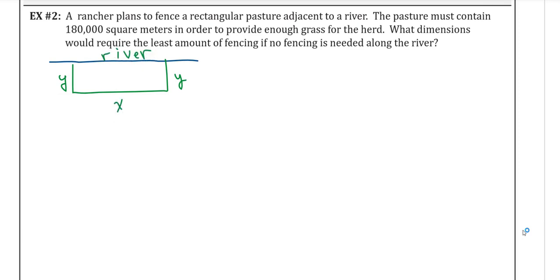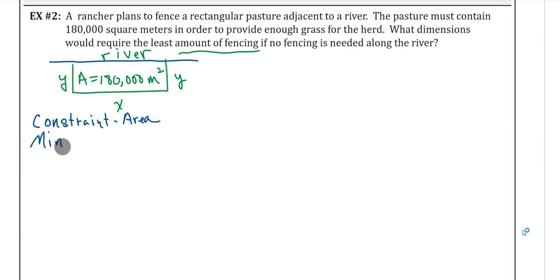Now what I do know is that the area is going to be 180,000 square meters. What I want to optimize is the least amount of fencing. That's my perimeter. So my constraint is going to be the area, and we want to minimize the perimeter.